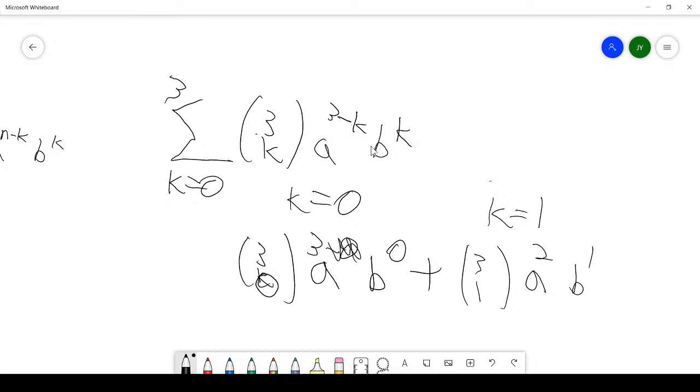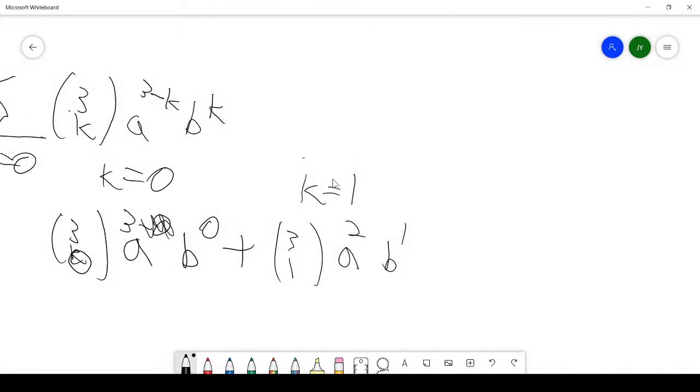Of course, writing this on top is not necessary, but when you get to larger problems, writing it out like this makes it clear what k is so that you don't get confused. 3 choose 2, a to the 3 minus 2, equal to 1, b to the 2, because k is 2.